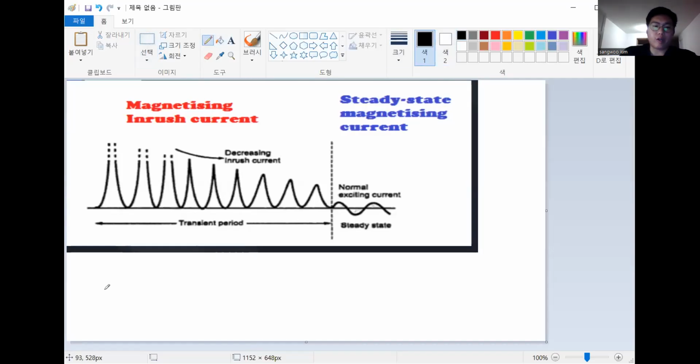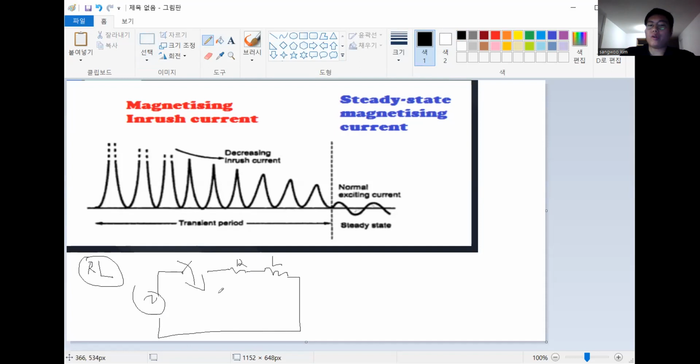First of all, we need to memorize the RL circuit. As you remember, here's the switch, R, L. This is an RL circuit, right? So when I switch on and off, what happens to the current?